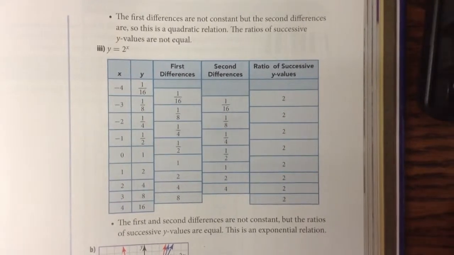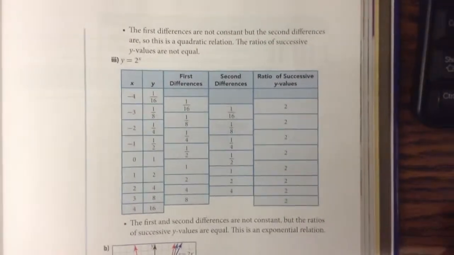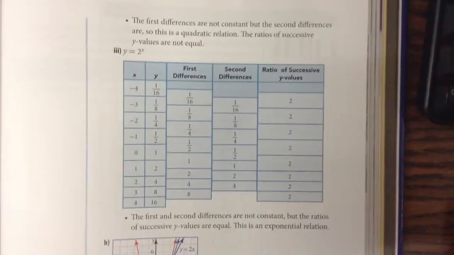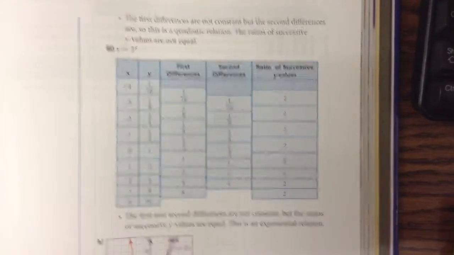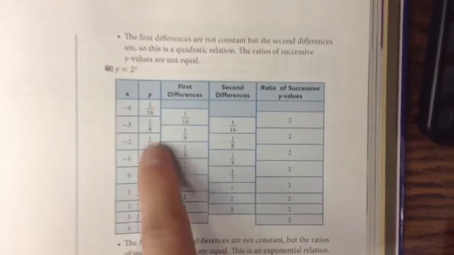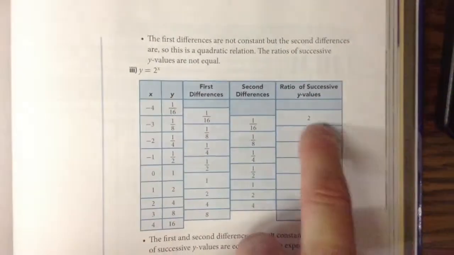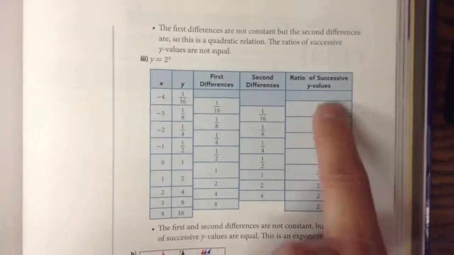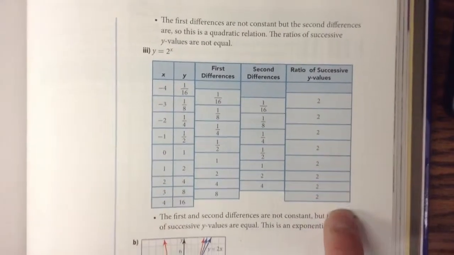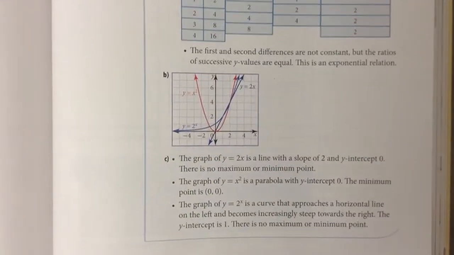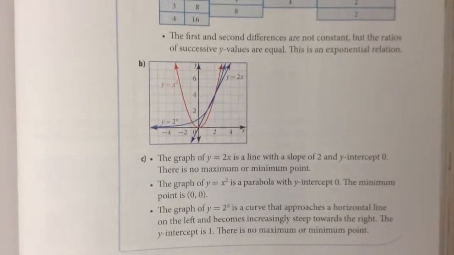So you know it's an exponential relation if, when you divide each y value by the previous y value and keep going, you get the same number throughout. And there it is on the graph.